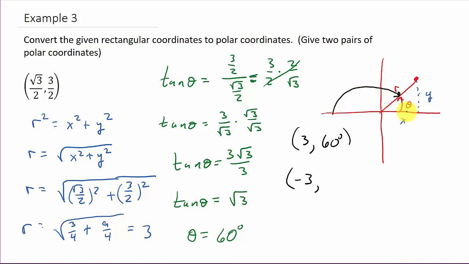Well, we know this is 60 degrees, right? So if I go 180 and then take off 60, this right here would be 120. But since I rotated back this way, that means that's negative 120 degrees.